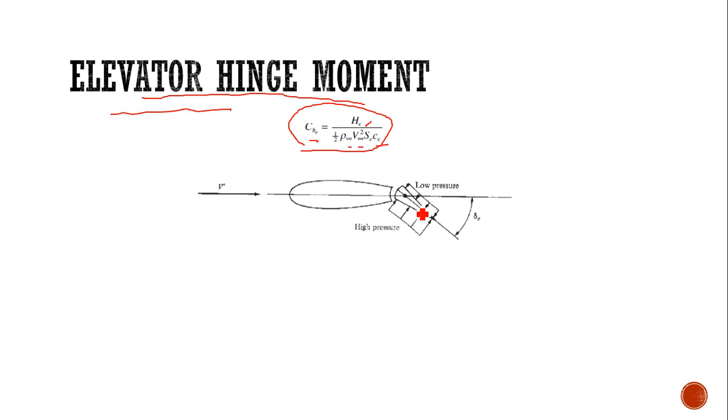Consider this is the tail of the aircraft, and in the tail plane, suppose this is the elevator. It is hinged here by a hinge point.